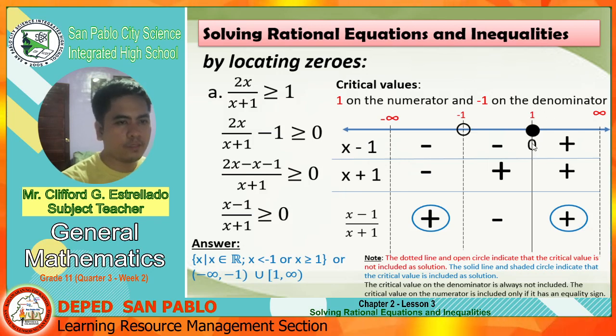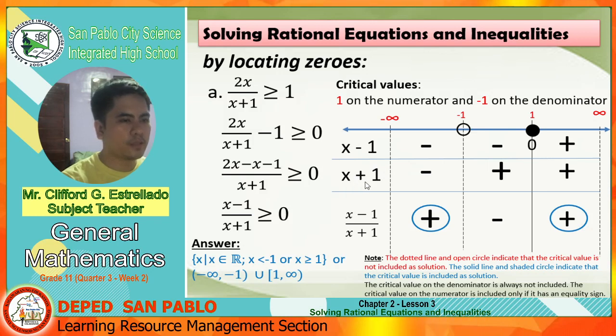If we have 0 here, all of the numbers below 0, or to the left of 0, are negative numbers. That's why we have negative, negative here. After 0, we have positive values. So you may apply this; you need not get a test point or test value. Next, x plus 1. Where is 0 here?